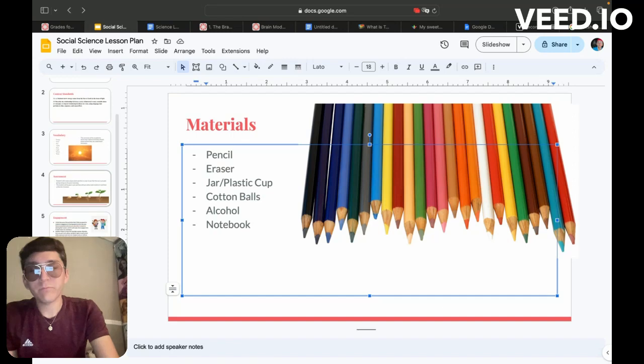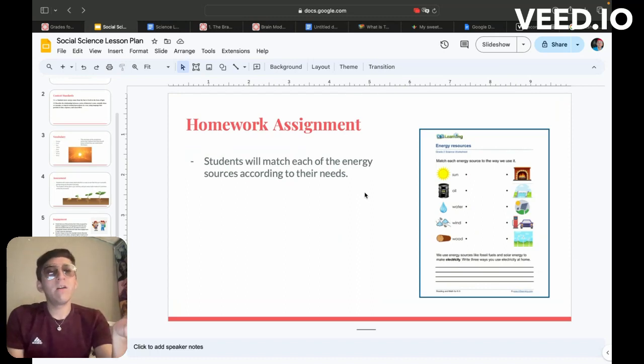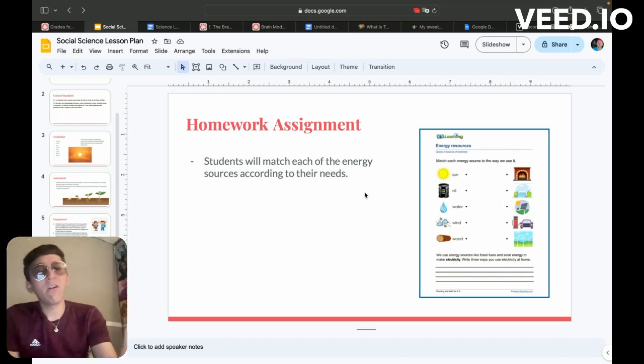I chose this homework assignment because after the lesson, students are going to have an understanding. I think it's not hard for the students, but it's going to give me an understanding of whether they are getting the lesson. For example, they're going to be matching the energy sources to the way they use it.